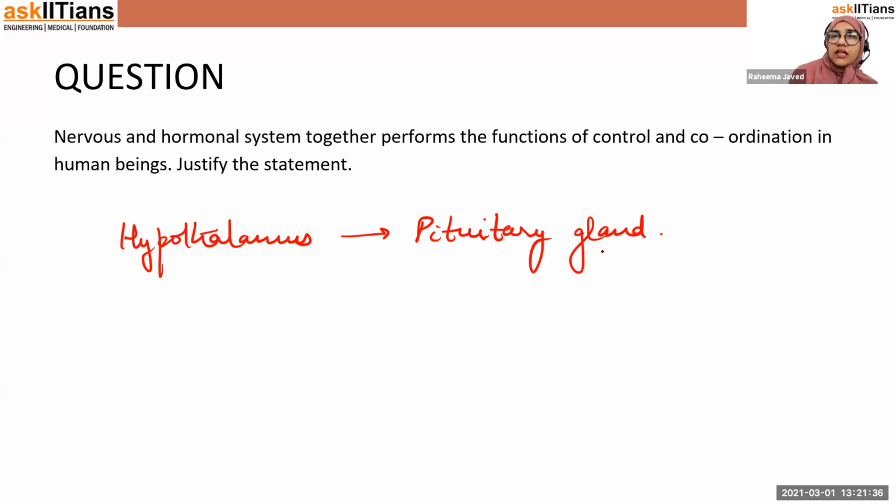Either the signal is coming from the hypothalamus, as in the anterior pituitary, or the secretions are altogether synthesized in the hypothalamus, as in the posterior pituitary. So by the connection between the hypothalamus and pituitary gland, we can say that the nervous and hormonal systems perform the function of control and coordination together in human beings.